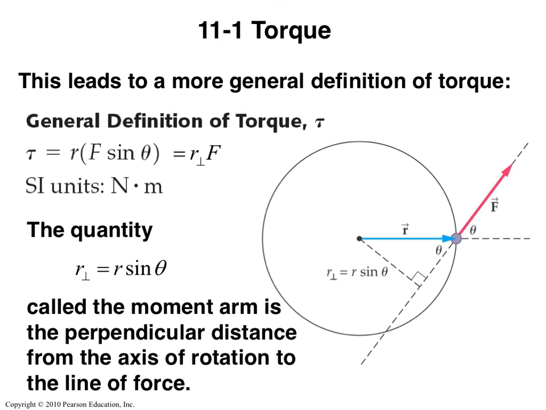So there are many ways to calculate the torque. One is just R times F times sine of theta. All you need to know is the radius vector, which is the vector from the axis to the point of application of the force, and the other one is the force vector. The angle between them is theta.